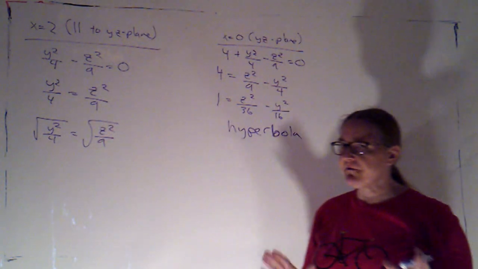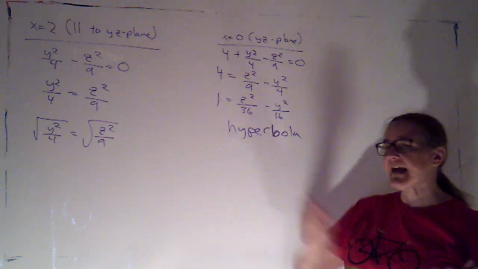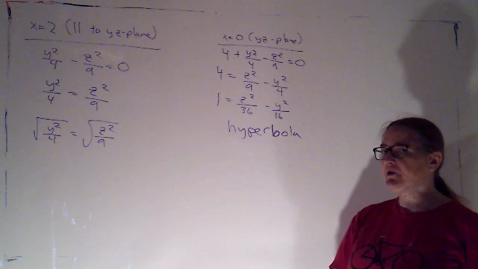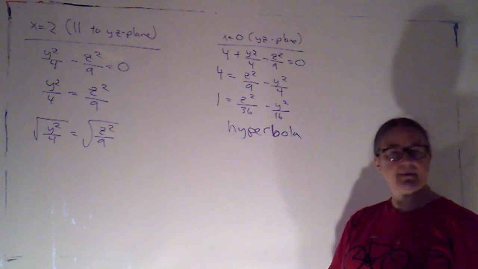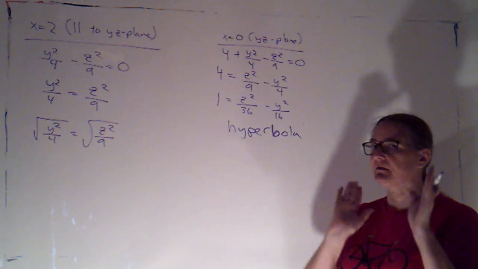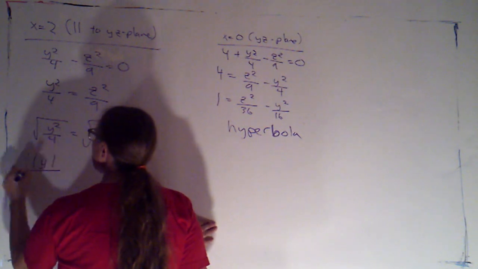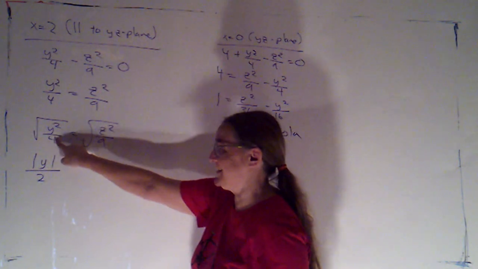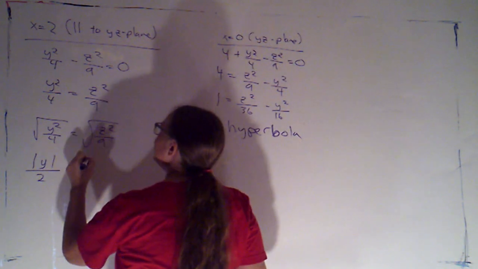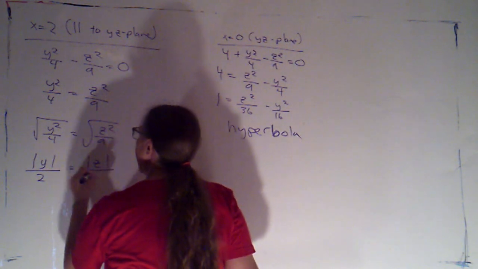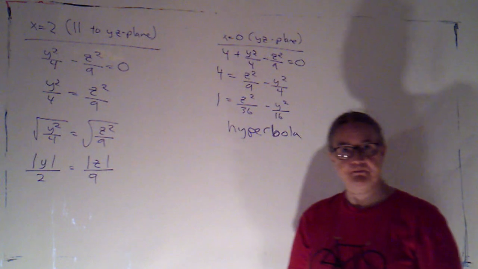And I need to be very, very careful, because when I take the square root of a variable squared, I don't get that variable, I get the absolute value of that. So I'm getting the absolute value of y over 2, I can take the square root of 4, is equal to the absolute value of z over 9.